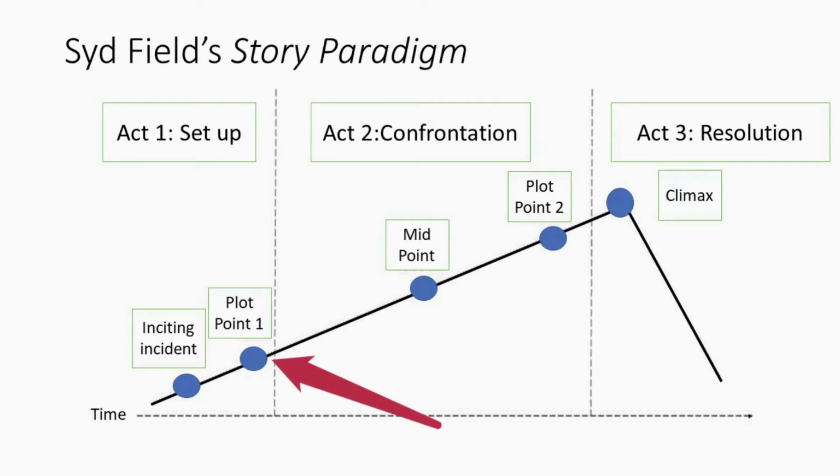You have a plot point 1, which introduces additional obstacles in the kind of upward trajectory of the graph. And you have a midpoint in Act 2, a plot point 2 before the peak moment of the climax, and then the falling down in the resolution. So Syd Field's story paradigm is another story arc which can be used when plotting a novel or a play.